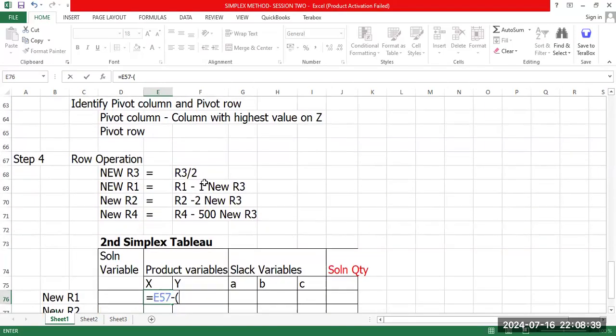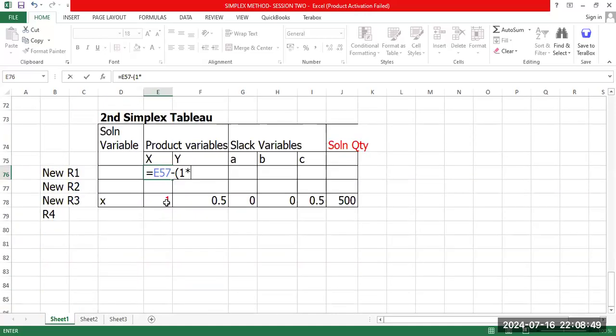The formula is saying 1 times, so you write 1 times, multiplying by new row 3. This is your row 3. You multiply by this, close bracket and get the answer. Are you getting 0? Yes, we have 0.